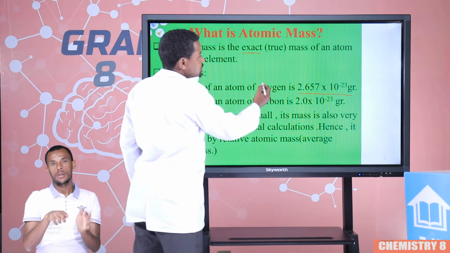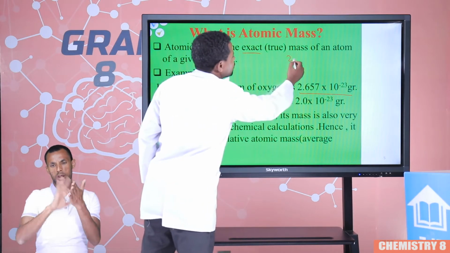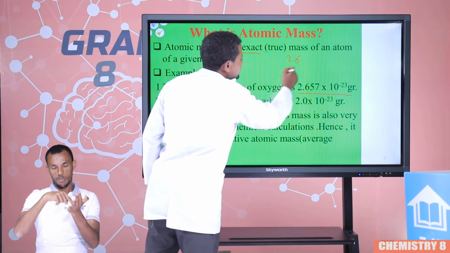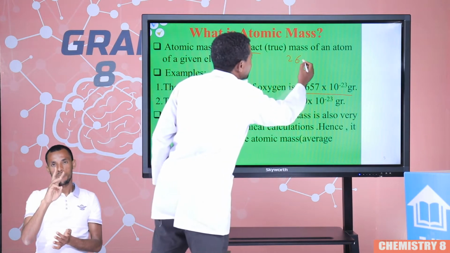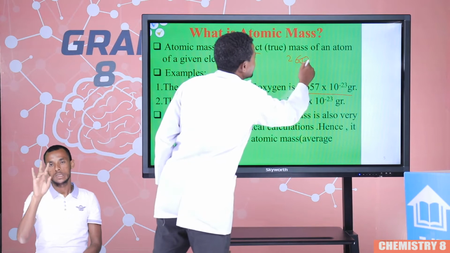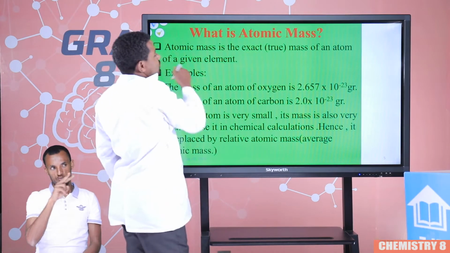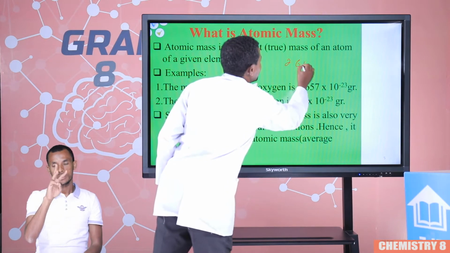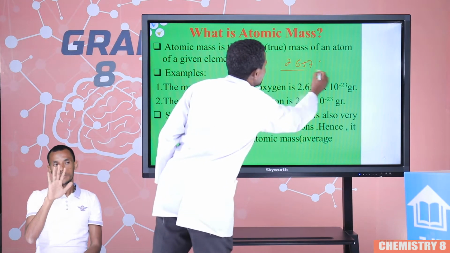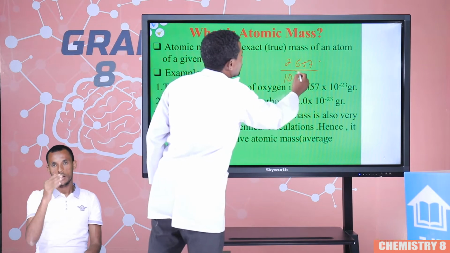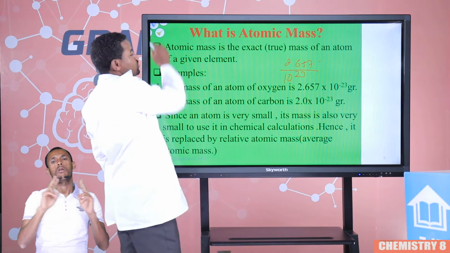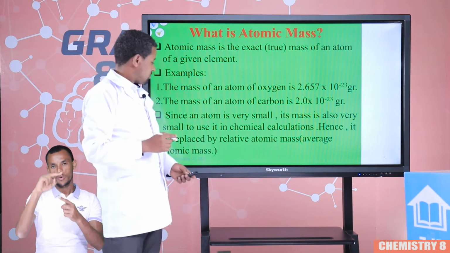This number is very small, which means 2.657 over 10 to the power of 23, which is very small to use in chemical calculations.